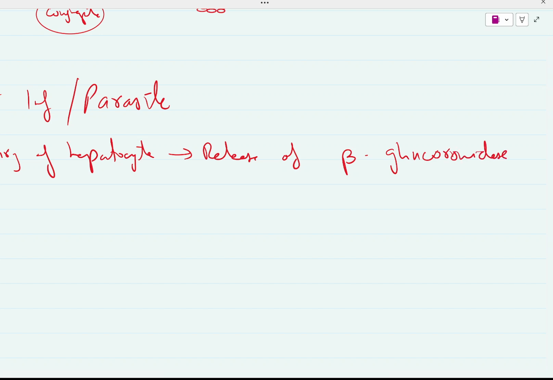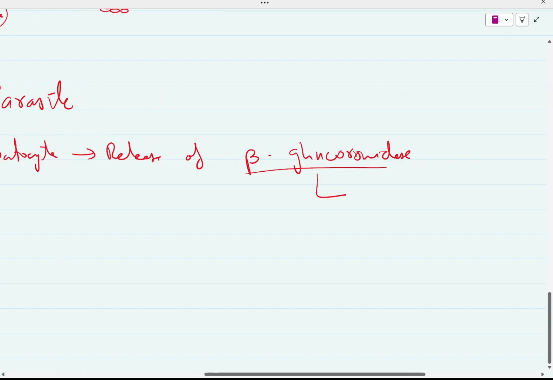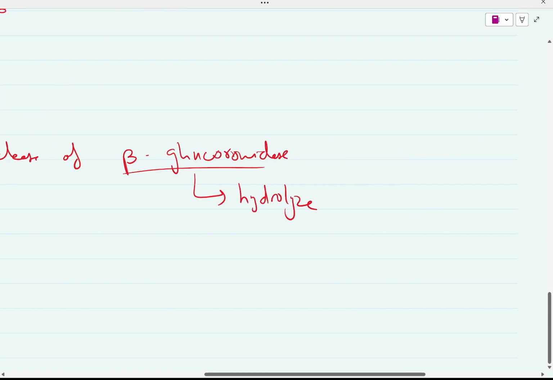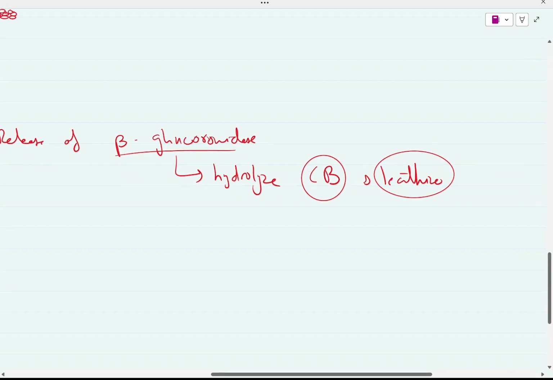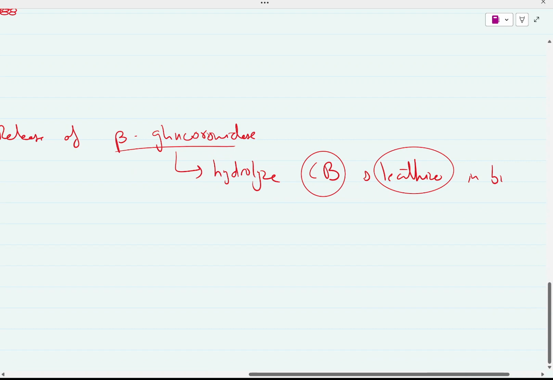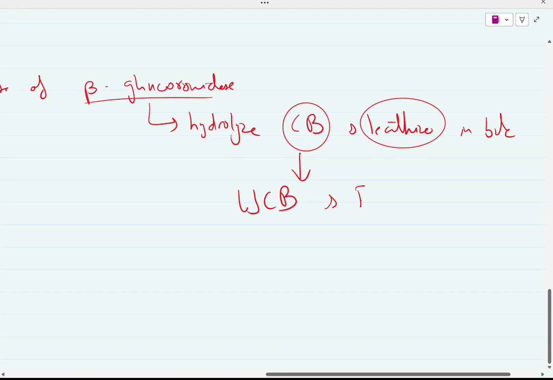So what will happen? This beta glucuronidase hydrolyzes conjugated bilirubin and lecithin. When there is breakdown of conjugated bilirubin and lecithin, a stabilizer compound in the bile, there will be increased unconjugated bilirubin and fatty acid.